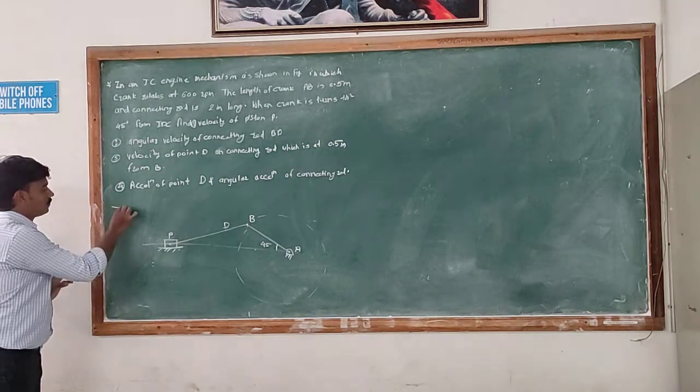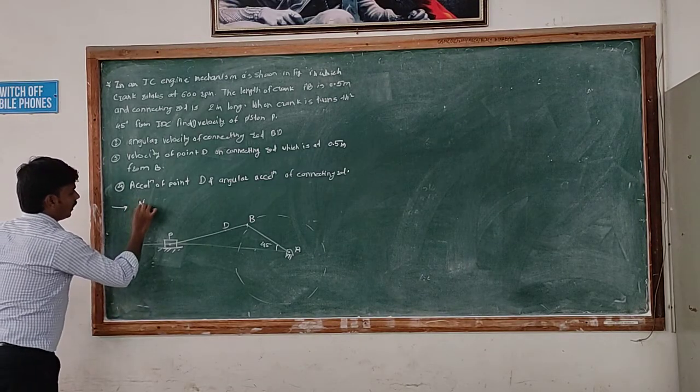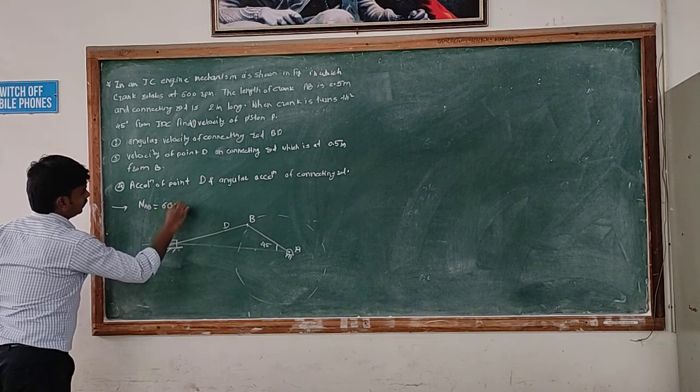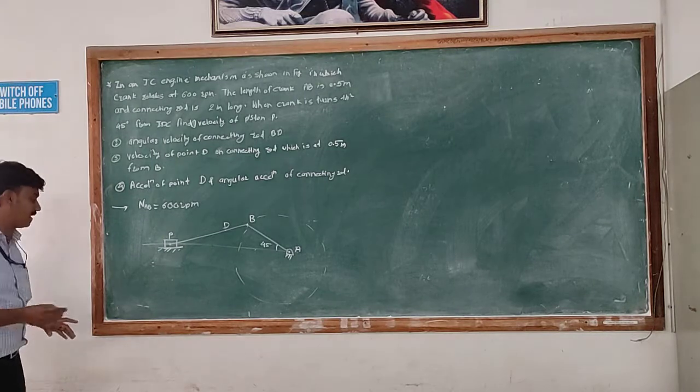Okay. So first of all, what is given? They have given that the speed of AB is 600 rpm. We have to convert this rpm into radian per second.